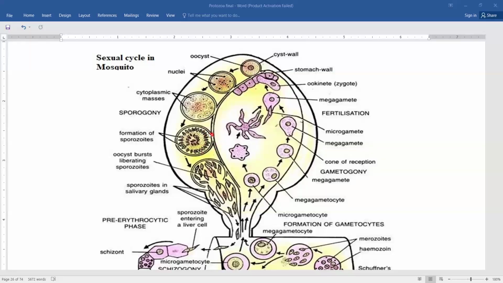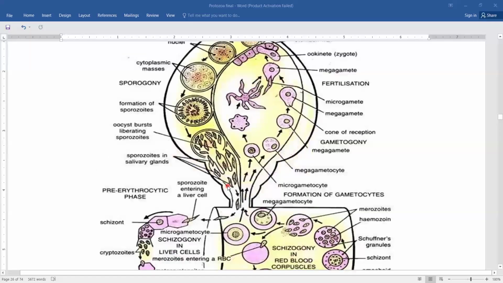Okay, so now whenever the cyst wall is filled with mature sporozoites, the cyst wall is broken to release, in the body cavity of the mosquito, all these sporozoites, which are the infective stage.